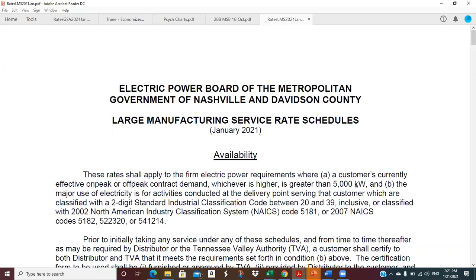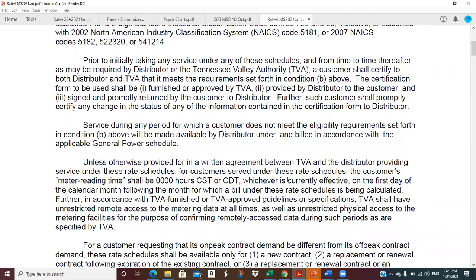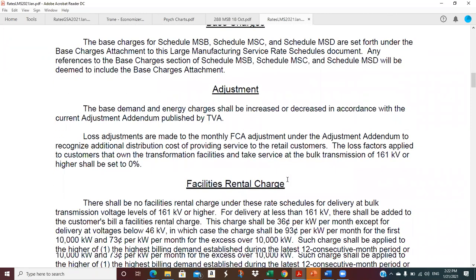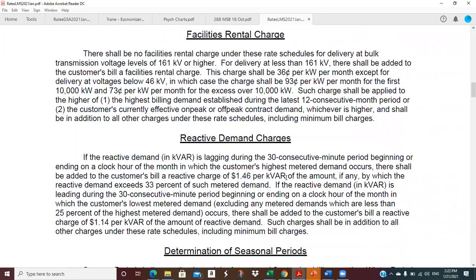Greater than 5,000. And you got to be in certain industrial codes. You got to be in a manufacturing SIC code to qualify, because they give the manufacturing people a break on the rates. Let's take a look at this. Base charges adjustment. There's stuff on facility rental in here.